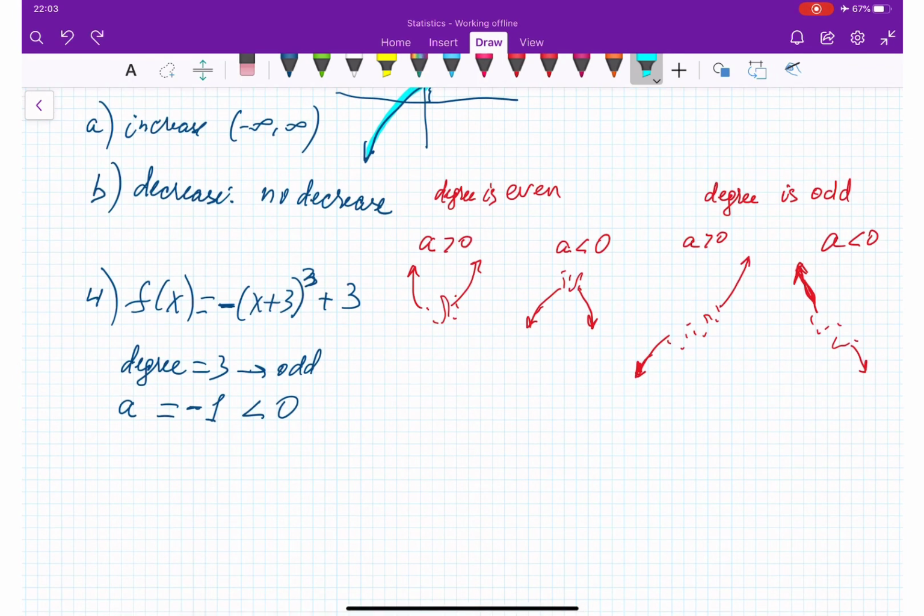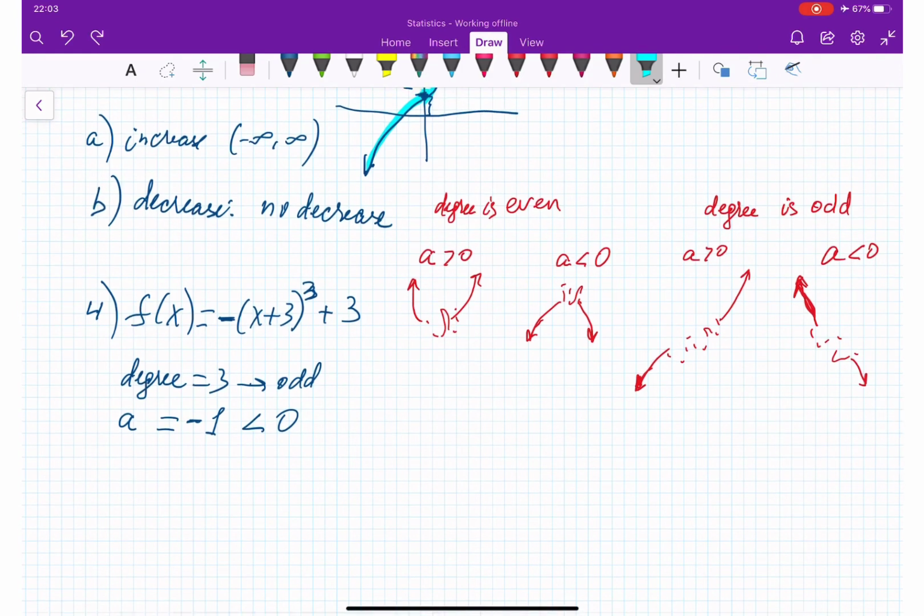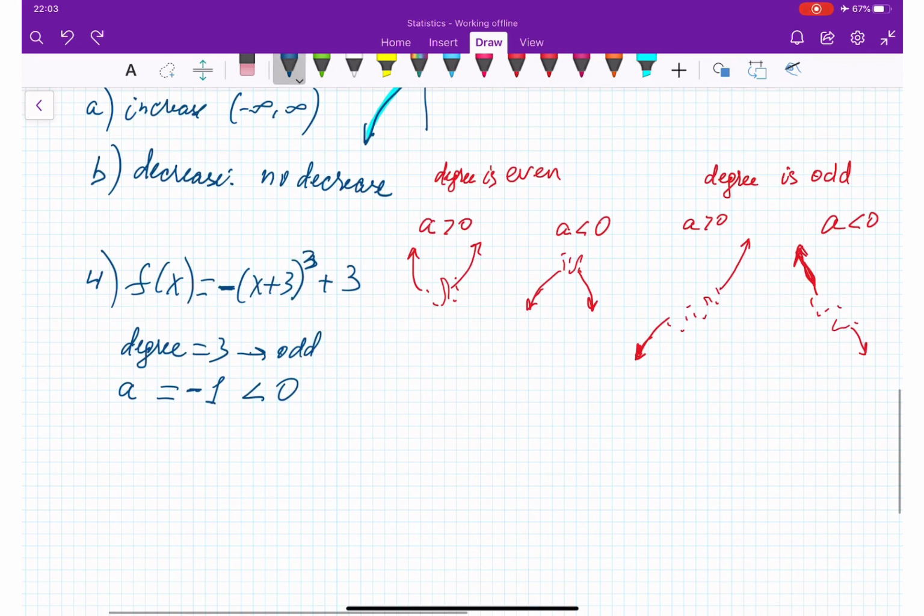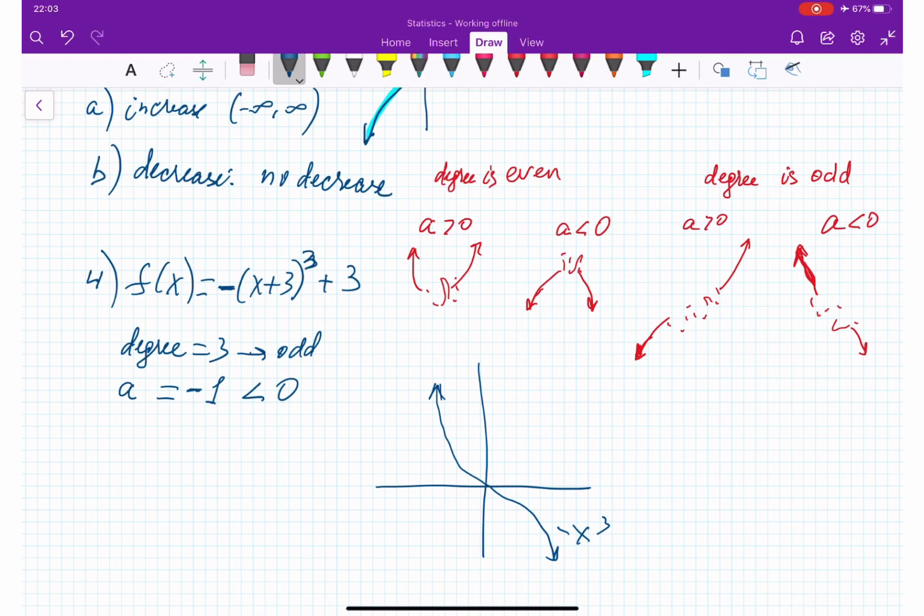But see, here we have some new changes. Here we have change of x and change of y. We already know how it works. One thing we need to know. So let me graph here. So degree 3 and -1, the graph is going to look like this. So this will be negative x cubed only.